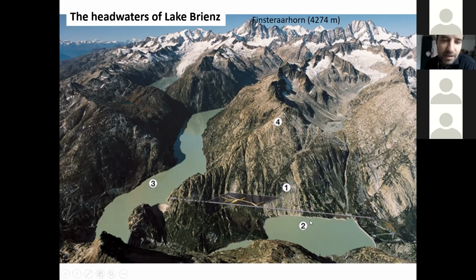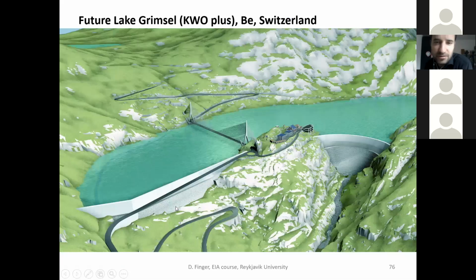And this can be increased by raising the hydropower dam by 23 meters and increasing the volume. And this would look like this. So they presented this to the stakeholders as a first case study.